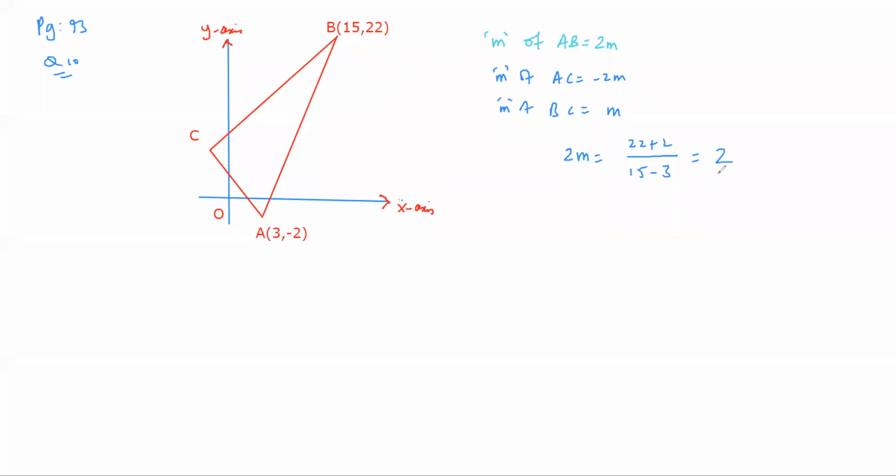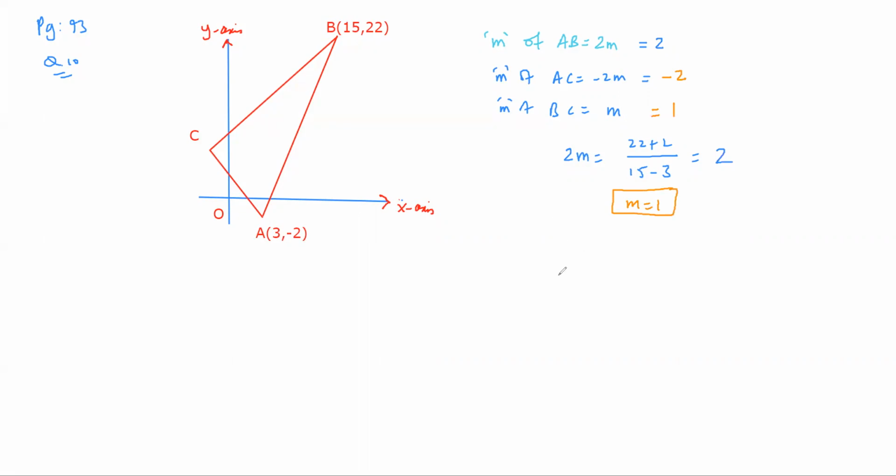This means that if the gradient of AB is 2, the gradient of AC will be minus 2, and the gradient of BC is going to be 1 because your m is 1. So this way you have got the gradients of all the three lines.